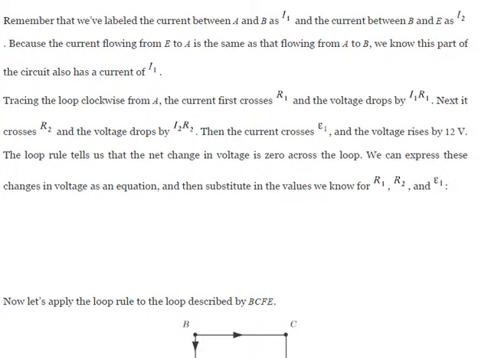Alright, so let's talk about this loop here in equation form. So we know everything has to add up to 0. So we crossed over R1 with current I1, then we crossed over resistor 2 with current I2.